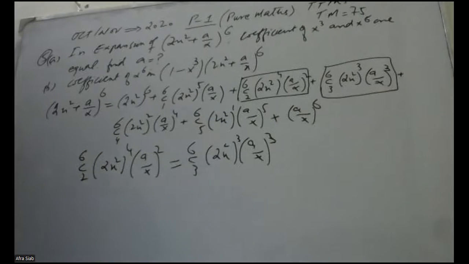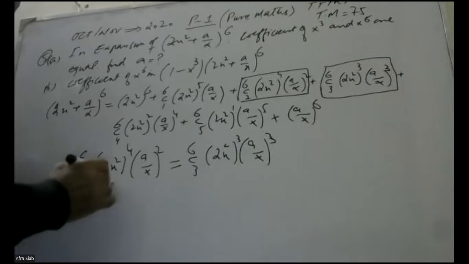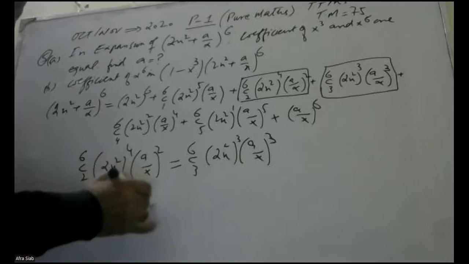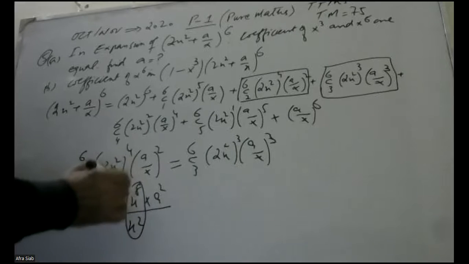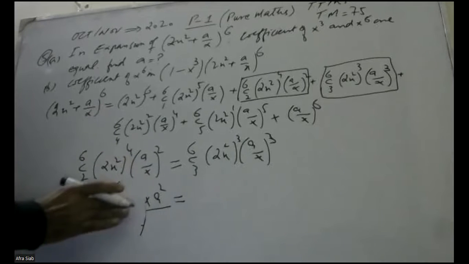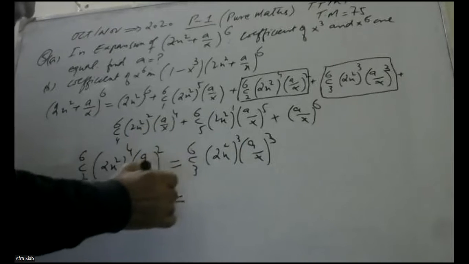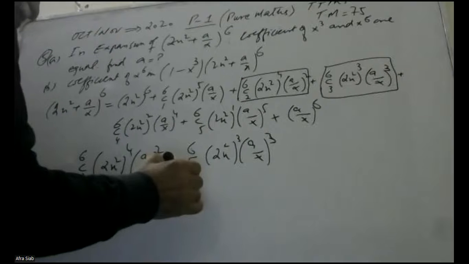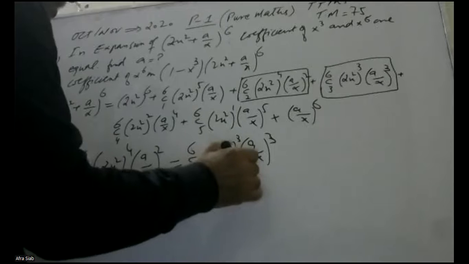This will become 15 into 2 power 4 is 16, x power 8 a square divided by x square, and that will make it x6, that is equivalent to 6c3, 2 power 3 is 8, and x6 over x cube, that is x3, so it is a cube.